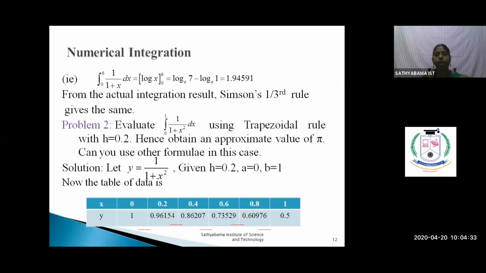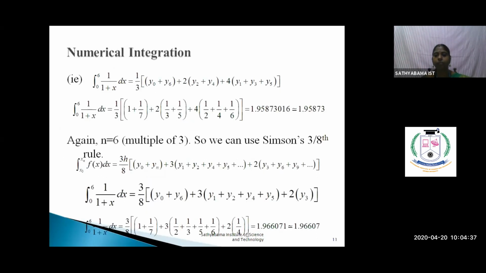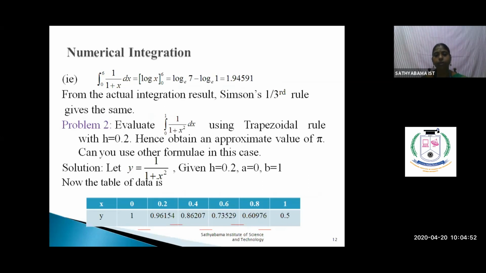If I correct the answer to two places, it is 1.95. And we get the same answer only in Simpson's 1/3 rule. So mostly the appropriate answer we are getting is by using Simpson's 1/3 rule. Keep that also in mind. Okay, so this is the first problem.